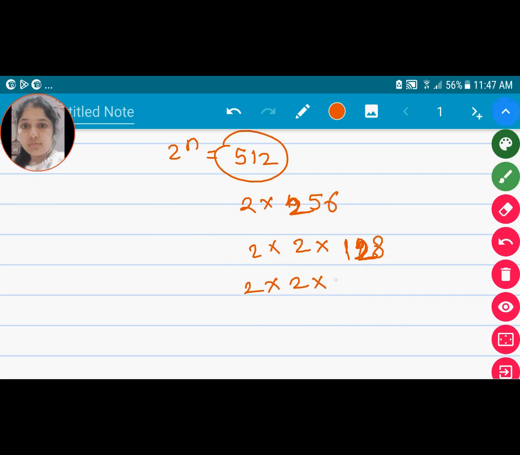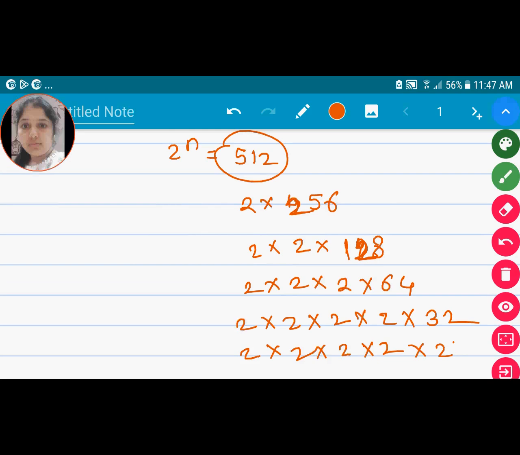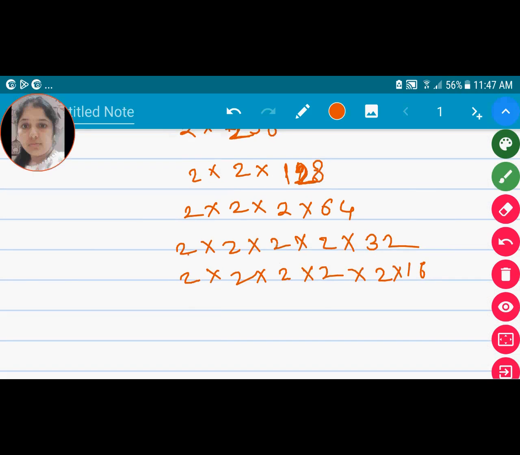Now 2 into 2 into 2 into 64. 2 into 2 into 2 into 2 into 32. 2 into 2 into 2 into 2 into 2 into 16. 2 into 2 into 2 into 2 into 2 into 4, 8, sorry.